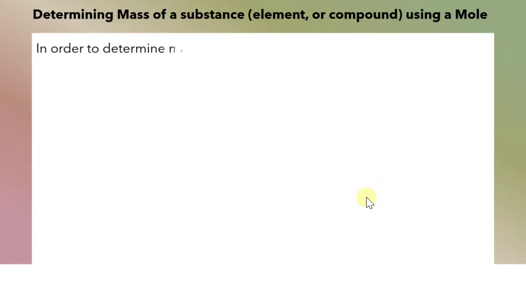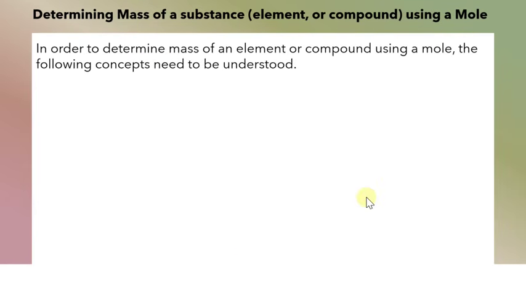So we are saying in order to determine mass of an element or compound using a mole, the following concepts need to be understood. What concept do you need to understand?